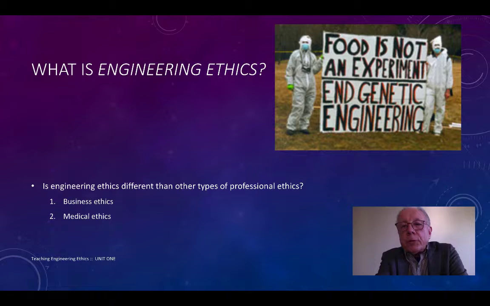So let's take two examples of professional ethics, or types of professional ethics: business ethics and medical ethics. And I've chosen these two examples because I think they both come close to engineering. Most all engineering, as we were mentioning before, is done in the context of business.